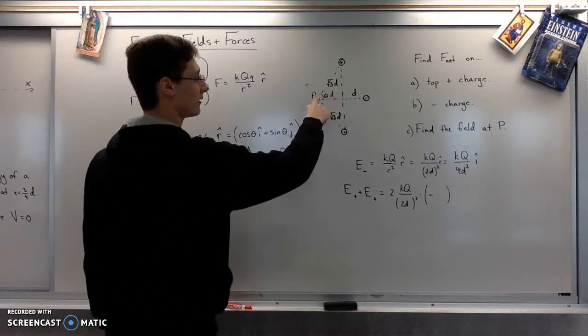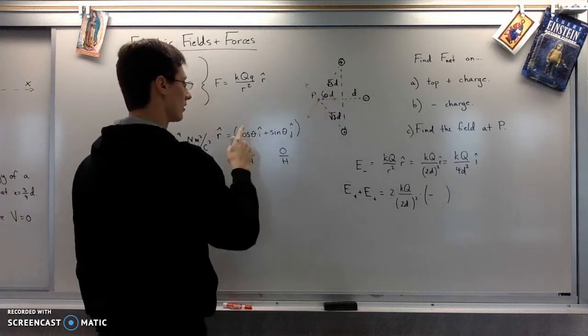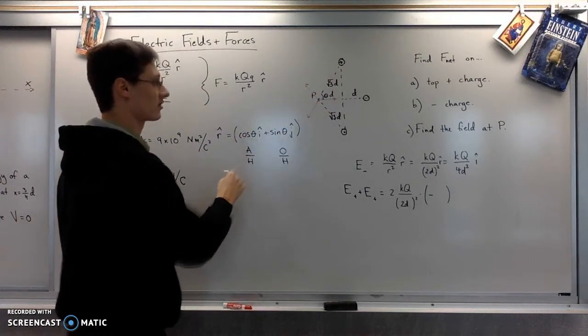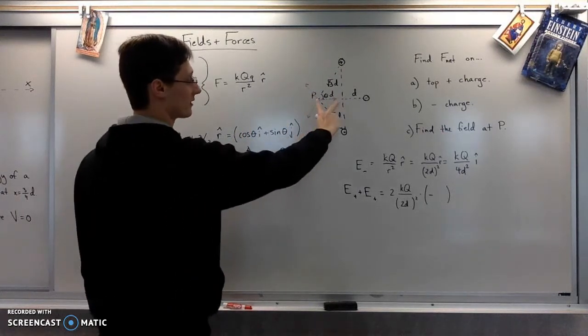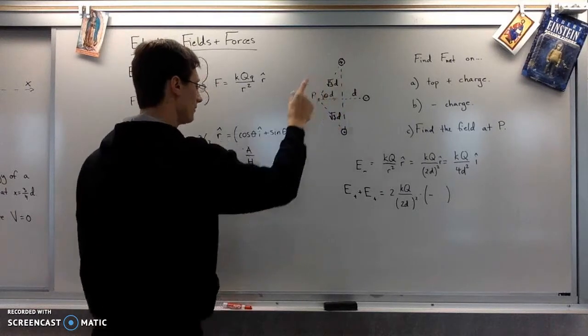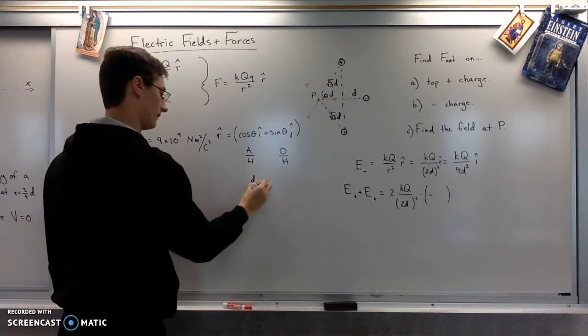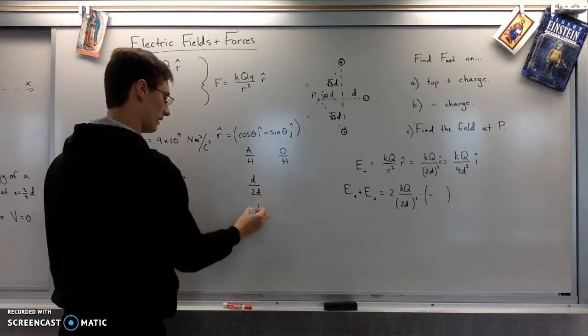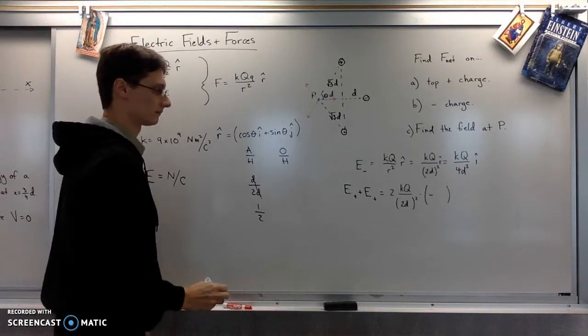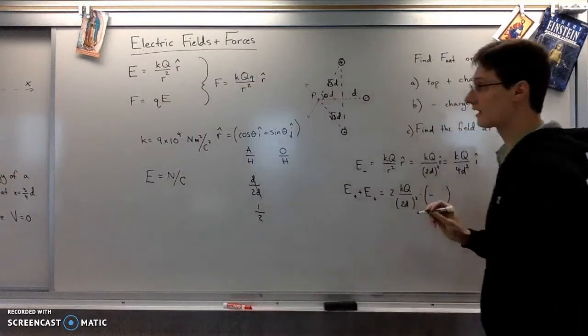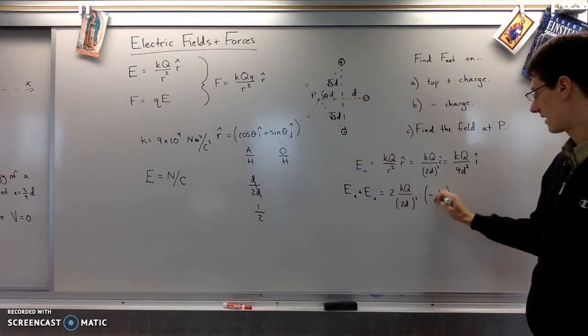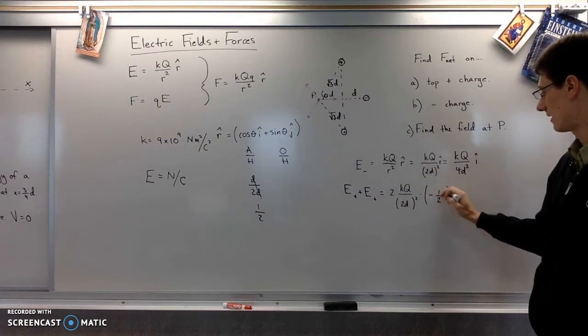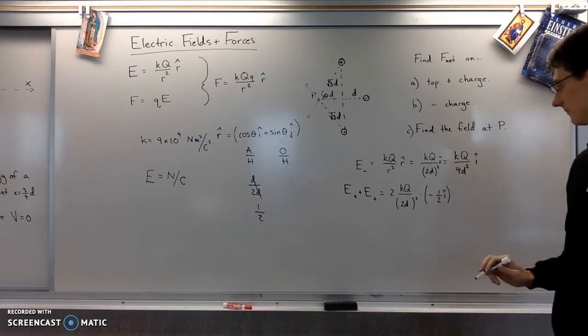According to this reference triangle, cosine theta, which is adjacent over hypotenuse, is going to be d over 2d, which is 1/2. All right, so that means that the i component is negative 1/2 i from each of those.